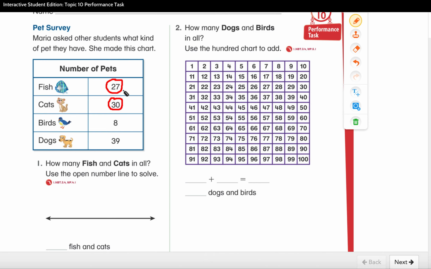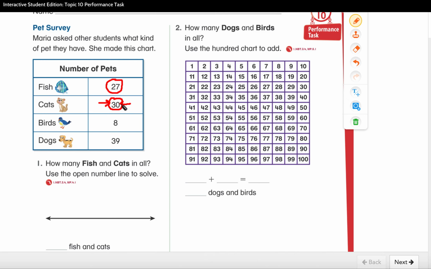So let's look at what is the easier number to count up from, or should I say to start with. 30, how many tens does 30 have? Good, 30 has 3 tens. And how many ones does 30 have? Good, 30 has 0 ones.